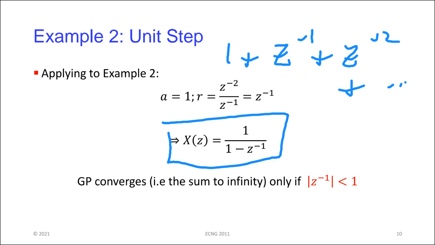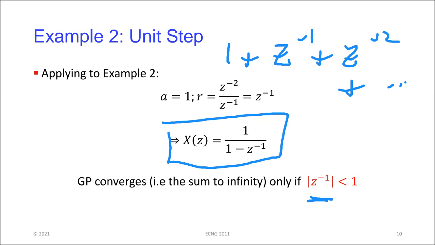But that only holds if the common ratio is less than 1. And as Zidane pointed out, because Z is a complex number, the correct way, and I guess the correct way in most situations as well, is that the modulus, or the magnitude, of the common ratio should be less than 1. So this will converge only if mod Z is less than 1.